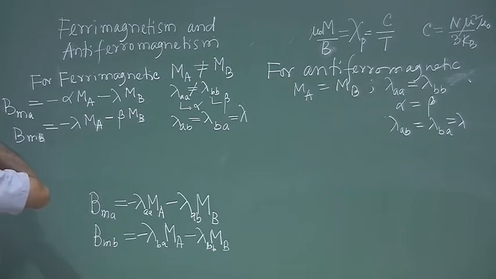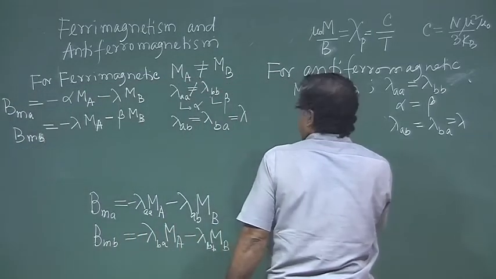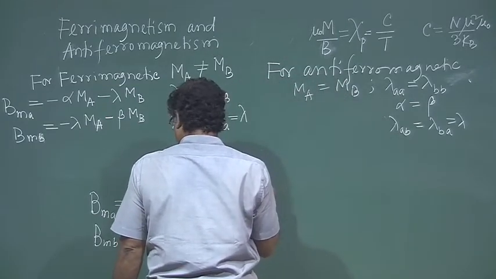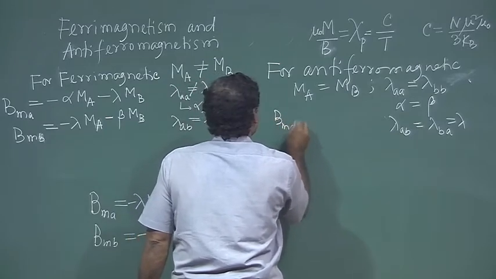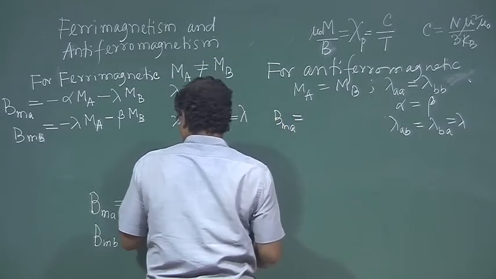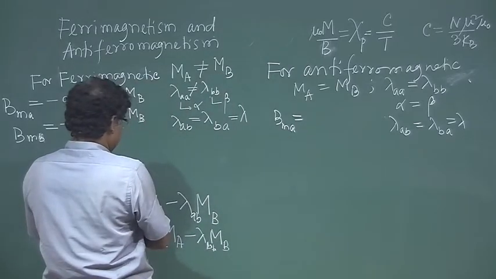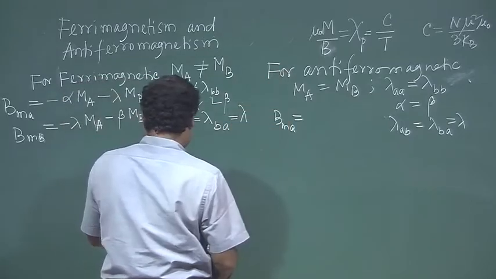Okay. On the other hand, for this case, I can write B M A equal to, in this case lambda A A, lambda B B both are equal.